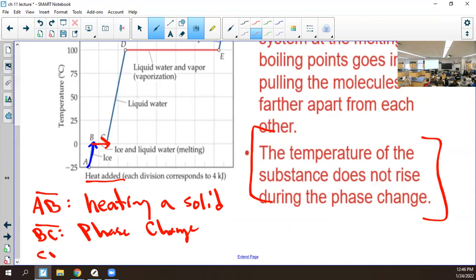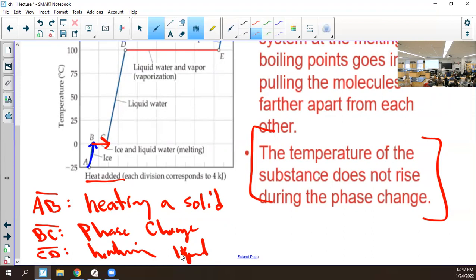Okay, segment C to D. What's happening there? Heating liquid. You all right with that? Okay, this is kind of cool. Oh, I don't have one today. Usually I'm ready for this moment. When you go to wherever you go to get a drink, you put ice in here and it will stay a certain temperature for hours.